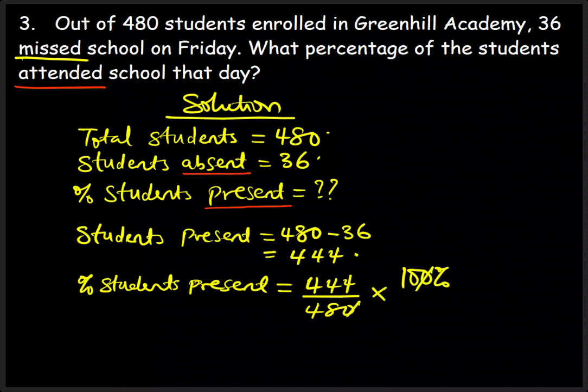So we do some reducing here. 0 cancels 0. 4 into 48, 12. 4 into 444, that will give us 111. I believe 3 can go here. 3 into 12, that will give us 4. 3 into 111, that will give us 37.